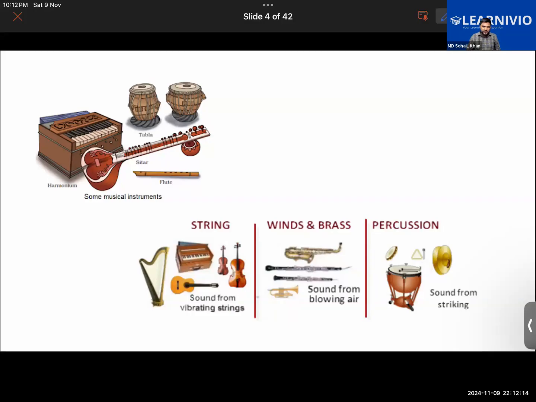Veena has a different structure, by the way. I think it has a small name. I'm forgetting the name of this. Do we call this harp? Yeah, harp, correct.